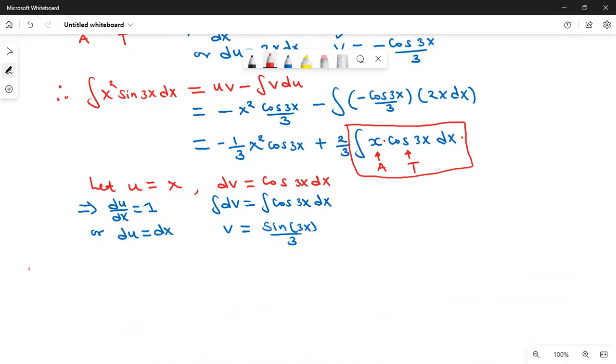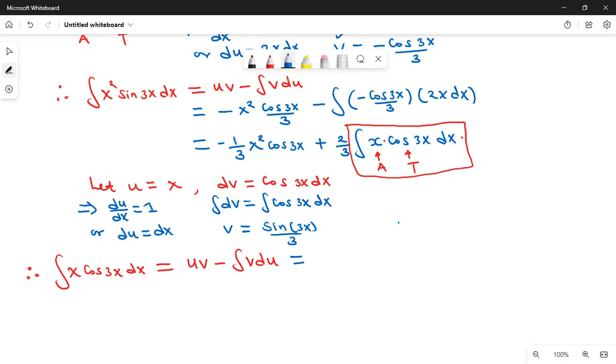So we can now say that therefore the integral of x times cosine 3x dx is equal to, again it is uv minus the integral of v du. When we substitute, what do we get?